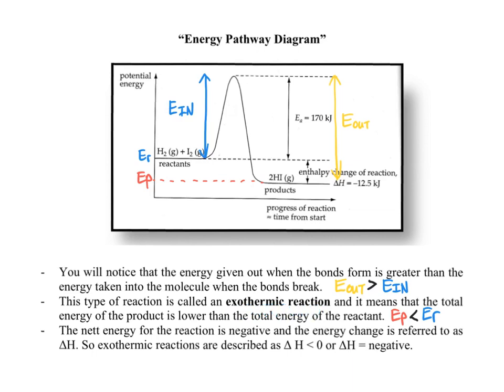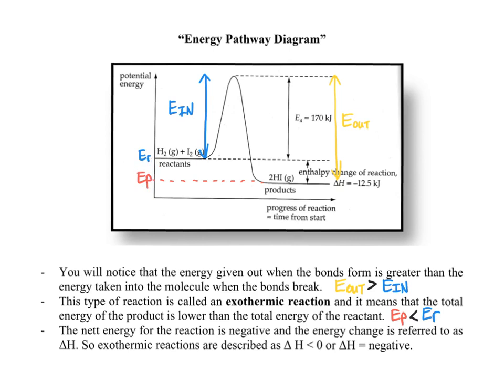This means that energy is given out from the actual particles, the molecules of the substances in the reaction, to the environment. And that is because the final products have got less energy than the initial reactants.